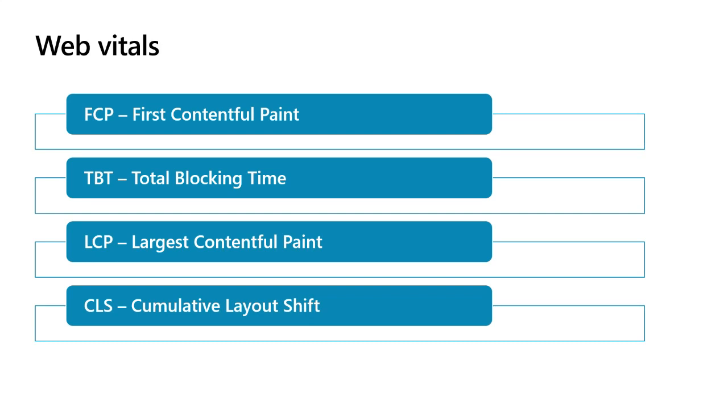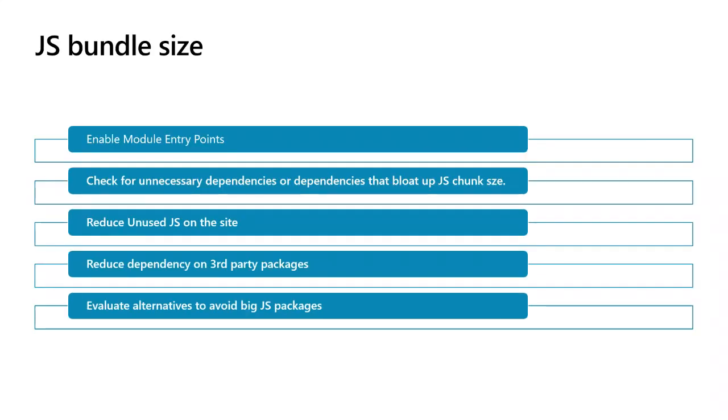So that's the CLS. Now let's talk about the JavaScript bundle size and its optimization. JavaScript bundle size has a significant impact on the total blocking time, as the process spends time evaluating the script, blocking the render. Some recommendations for this topic that we want to share. At first, ensure that enable module entry points is enabled in your case.